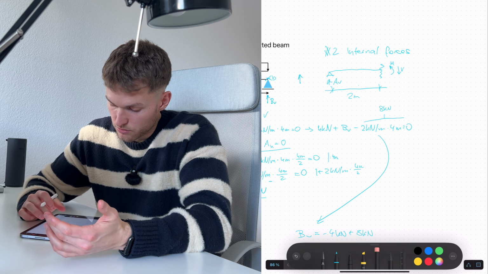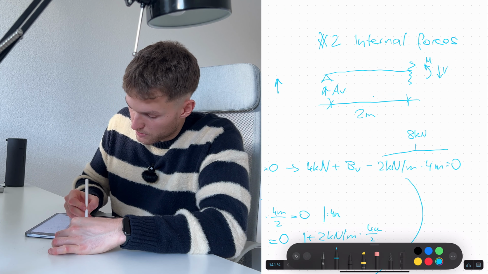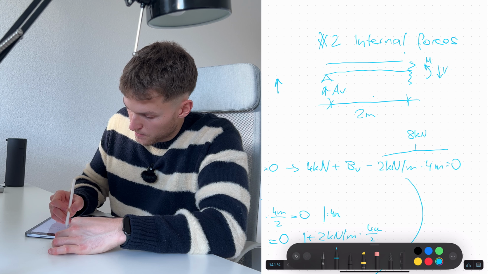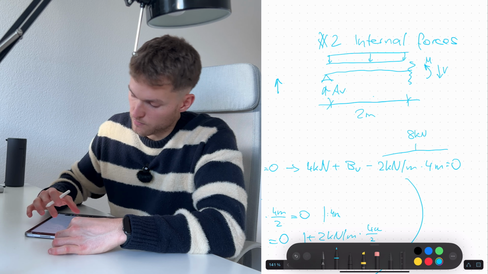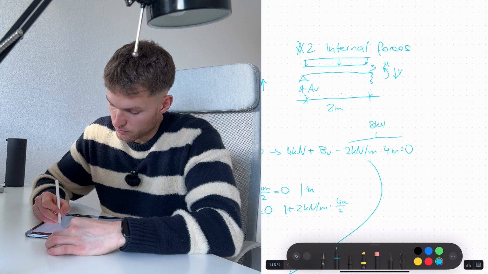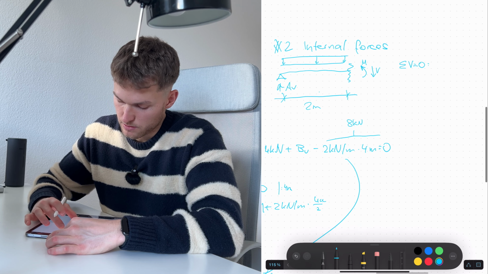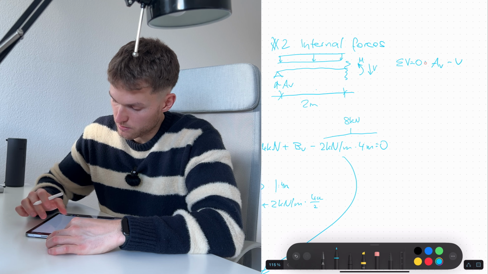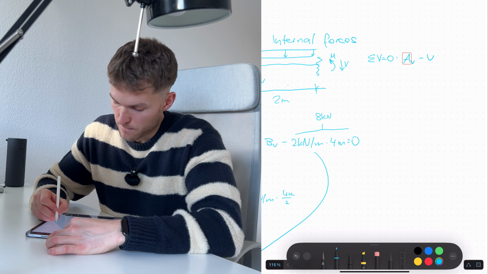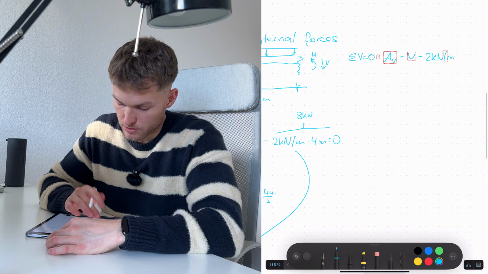And basically we can do exactly the same again. And one thing I forgot is we also have to add our line load. Again, we can do vertical, horizontal equilibrium. In this case, we have AV minus V minus 2 kilonewton per meter times 2 meters, because we cut at 2 meters.